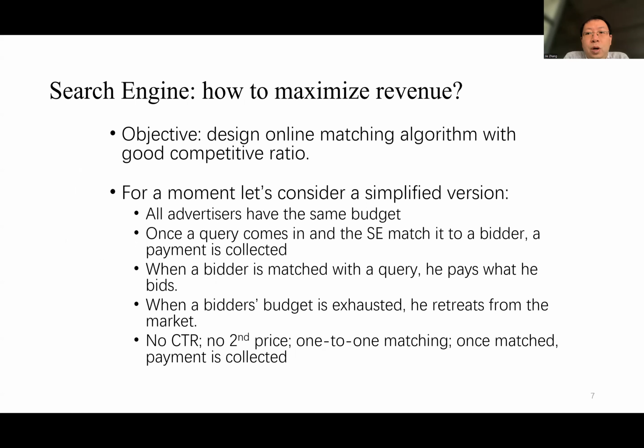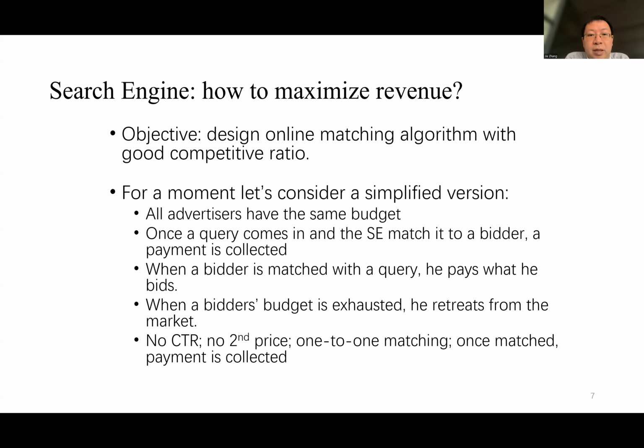Okay, so overall, the primary research question in this area is to maximize revenue for search engines, because search engines provide those platforms. They want to make money to run the business. So they need to design online matching algorithms with good competitive ratio.